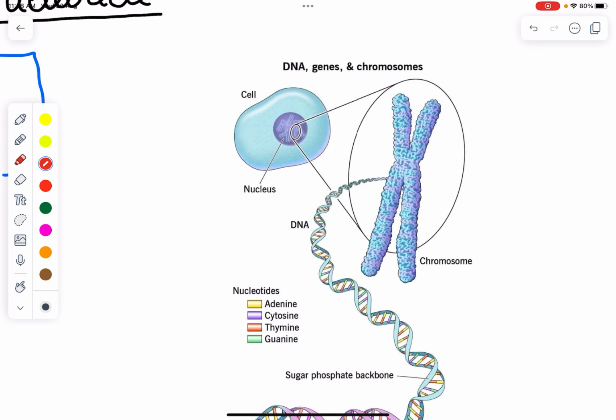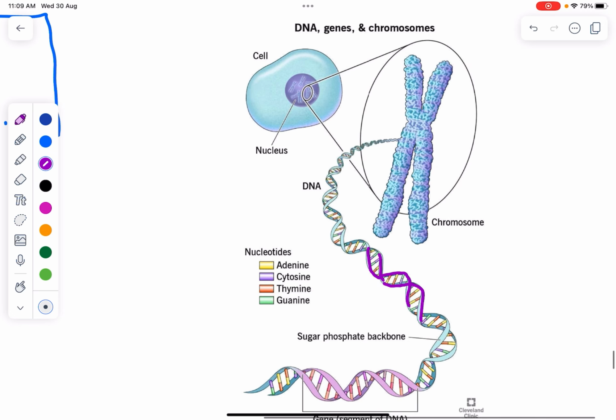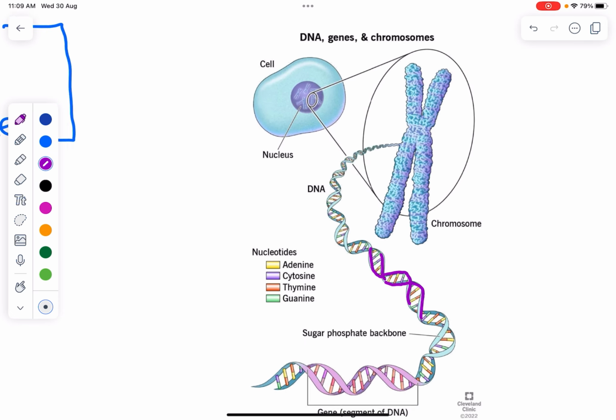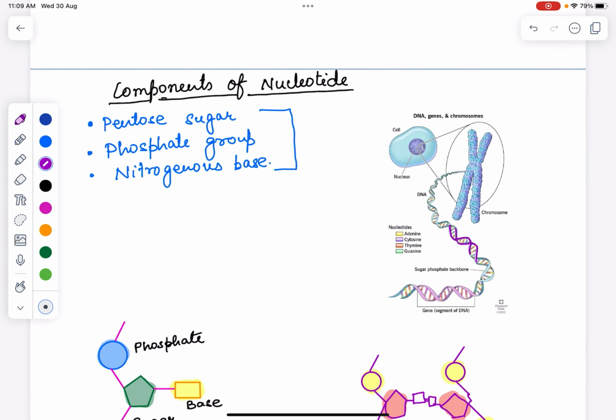Each strand of DNA is made up of repeating nucleotides. See, this is double stranded. You can see the double stranded structure of DNA. And each strand of DNA is made up of repeating nucleotides. Now, what is nucleotide? Nucleotide is the basic structural unit of DNA. Components of nucleotide are pentose sugar, phosphate group, nitrogenous base.